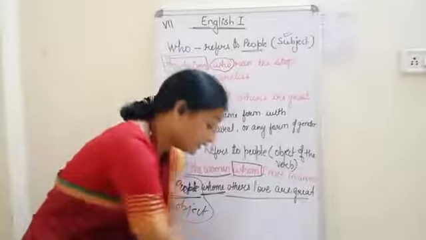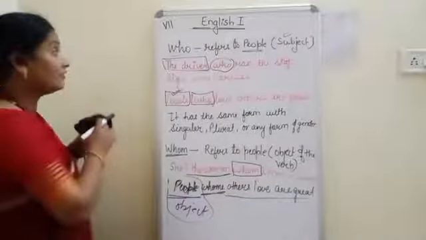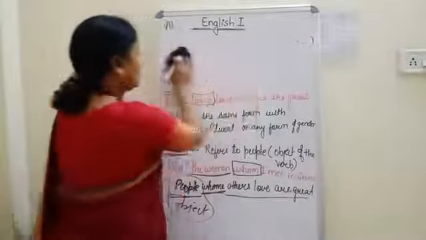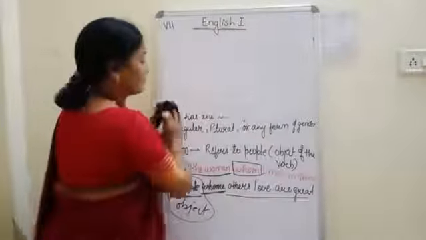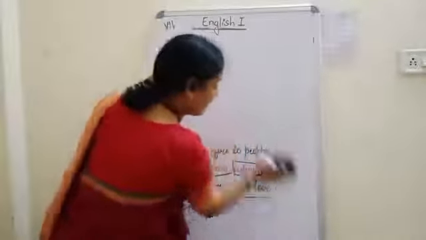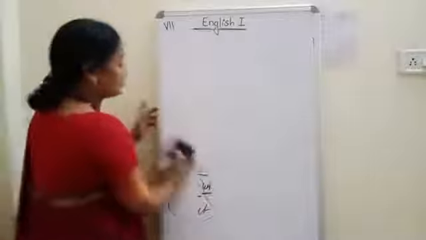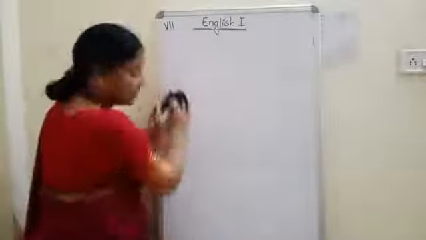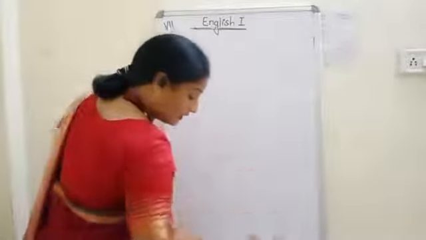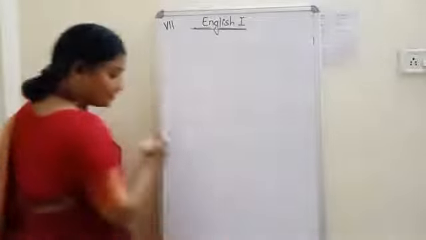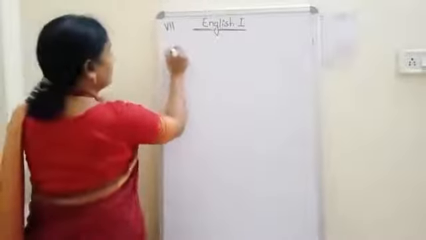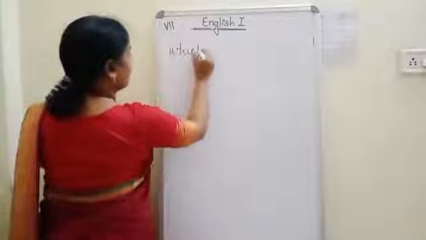Now we will see the next, and that is called "which". So now we will write down and see about the next type of relative pronoun, which. Okay, I am writing.